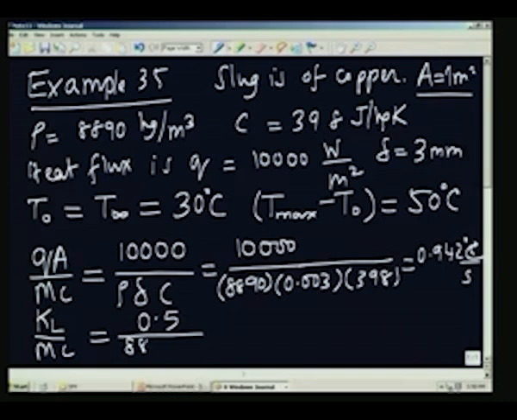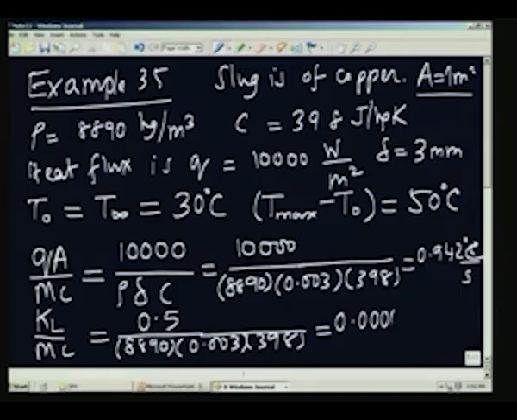So, 8890 multiplied by 0.003 multiplied by 398, and this comes to 0.000047. The unit is per second. So, the two characteristic numbers describing the problem are obtained.